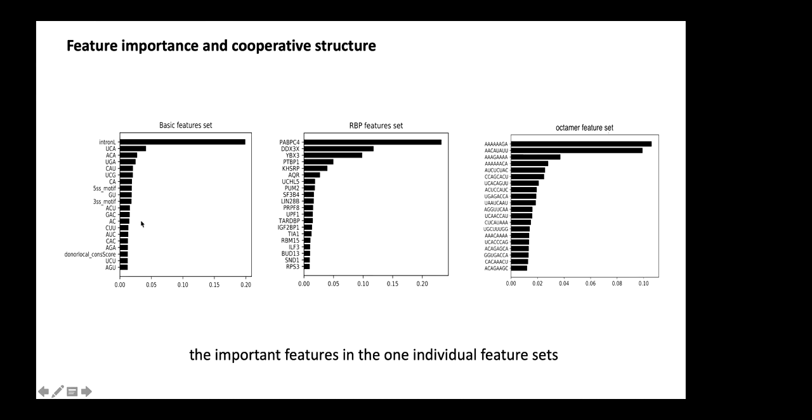In addition, we also zoomed into the prediction model with only one individual feature set and detected the important features. In the basic feature set, the importance of intron length is higher than others. In the RNA binding protein feature set, of course, the PABPC4 is the most important. In the octamer feature set, these two octamers play a very important role.